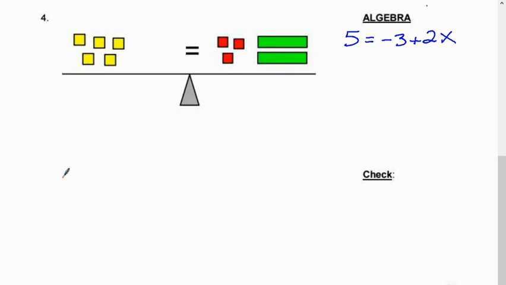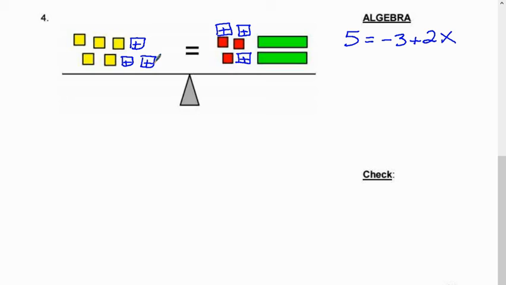Since I have 3 red negative squares, to create 0 pairs, I'm going to have to add 3 positive squares. 1, 2, 3. Okay, since I added 3 positives on the right, I also have to add 3 positives on the left. So let's go ahead and do that. 1, 2, 3.